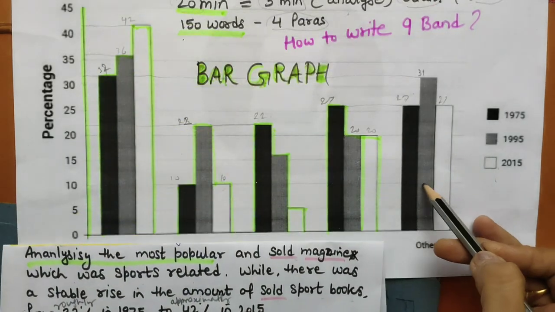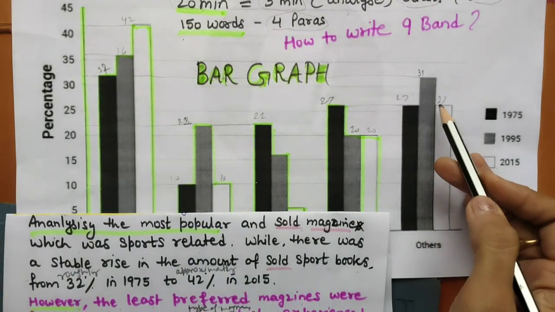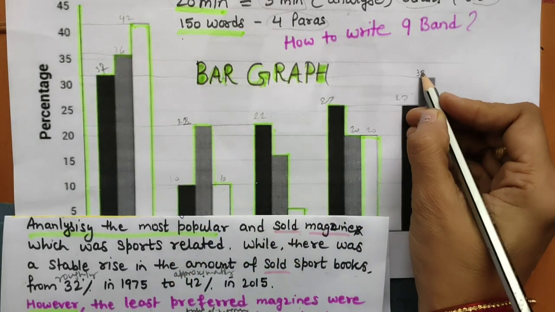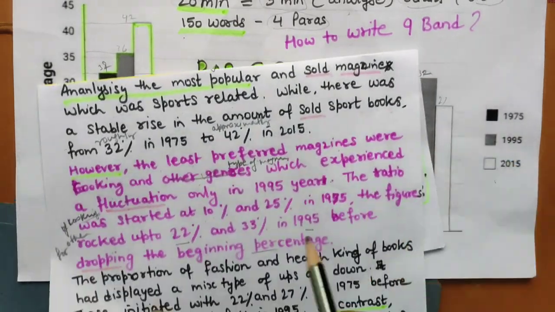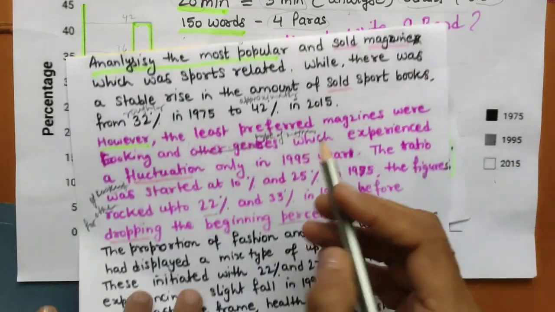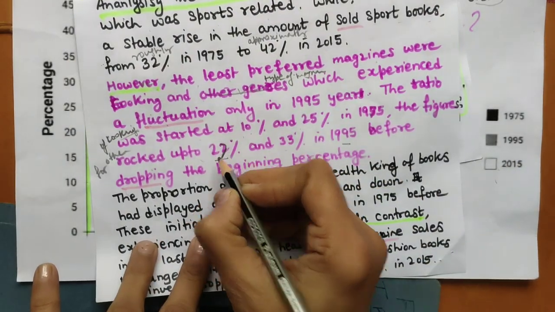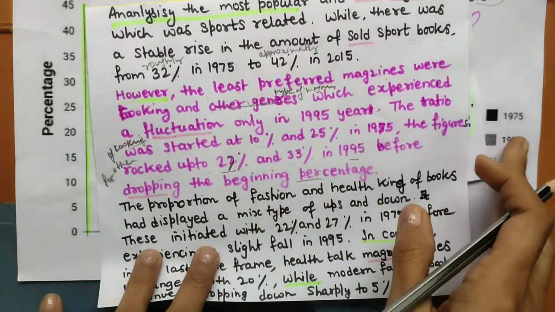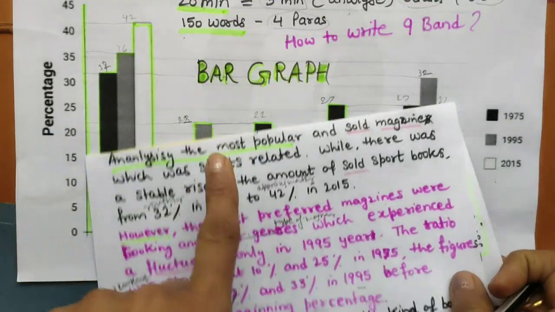So here we are talking about this 27%, 32 around, and this is up to 22%. No, it is not 22, it is 27% before.